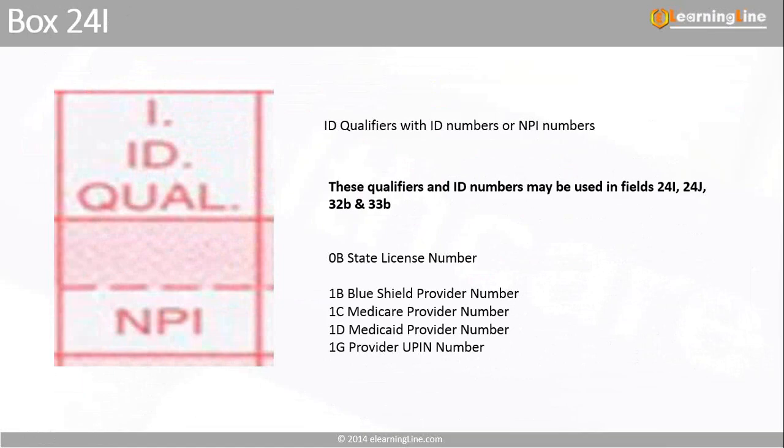Now we have the ID qualifier, ID number or NPI number. As it's showcased over here, these qualifiers and ID numbers may be used in fields 24I, 24J, 32B and 33B. Now 0B, state license number, 1B, which is Blue Shield provider number, 1C, Medicare provider number, 1D, Medicaid provider number, and 1G, which is for the provider UPIN, which you need to provide.